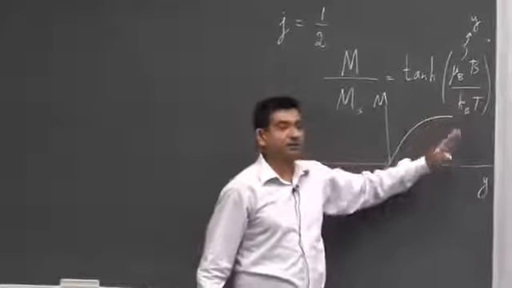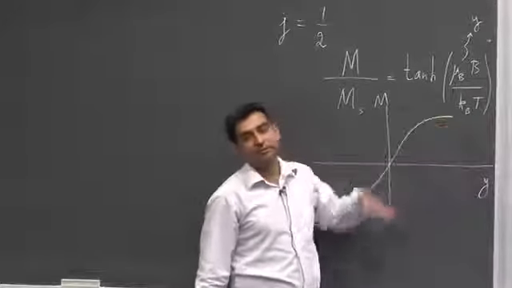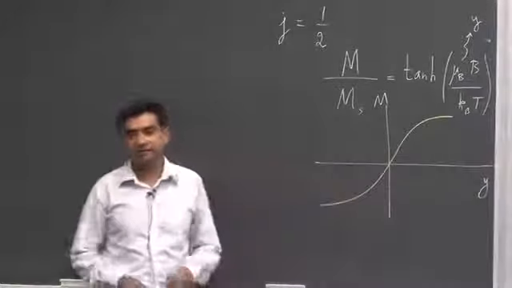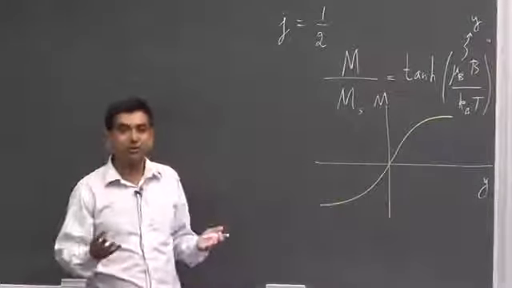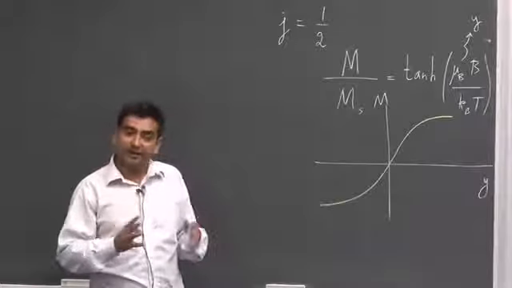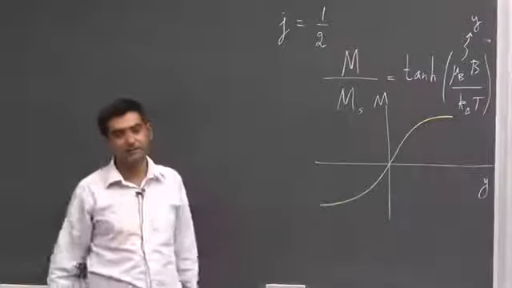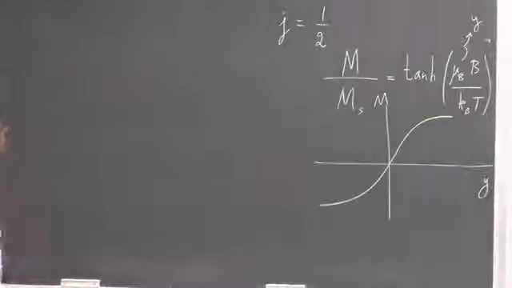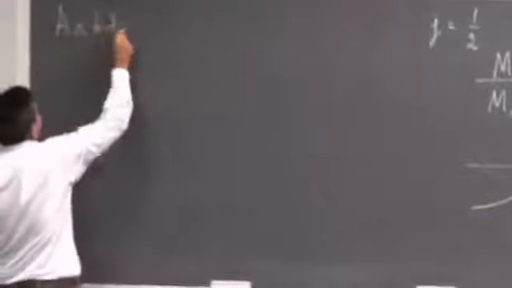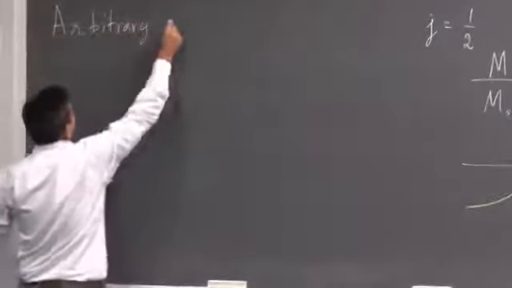The temperature must be low and the field must be high for this paramagnetic material to saturate. And a gas of electrons, for example, or a gas of protons, if you only consider their spins, is going to be paramagnetic. Now, in the last lecture, we finished off our discussion by looking at an arbitrary J.